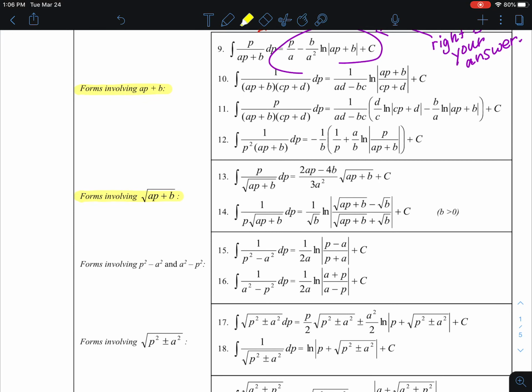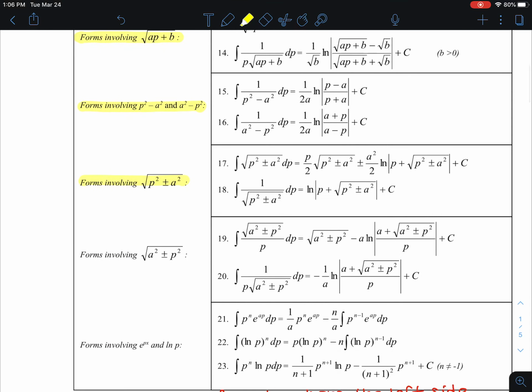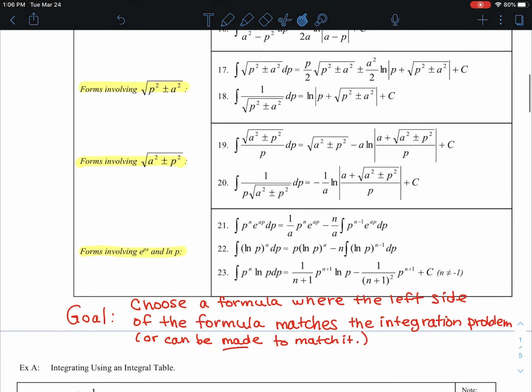They do a really nice job of grouping these by similar things that you would see on the left side of these formulas. And so here's your goal: to choose a formula where the left side of the formula matches what your integration problem is.